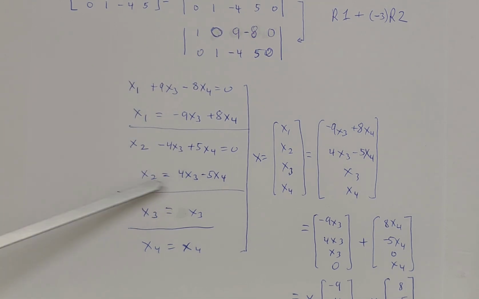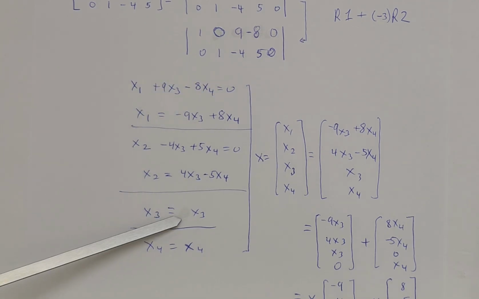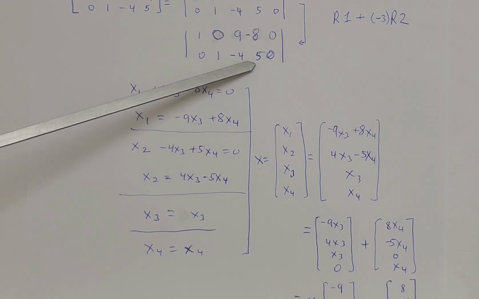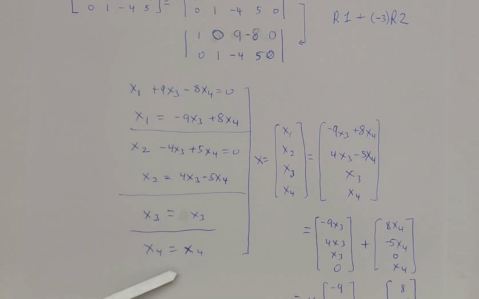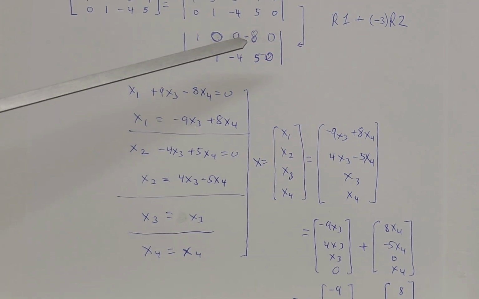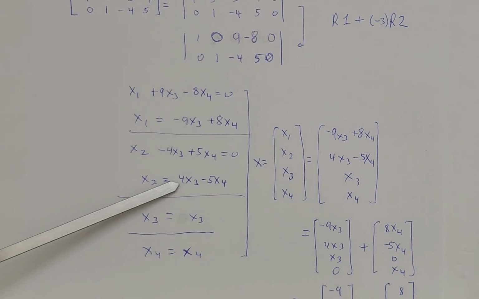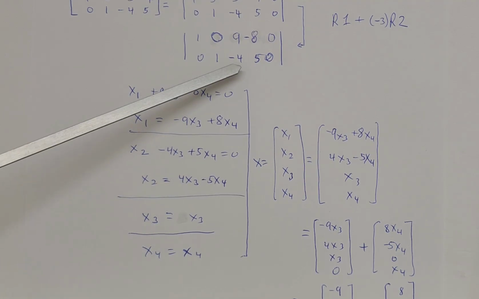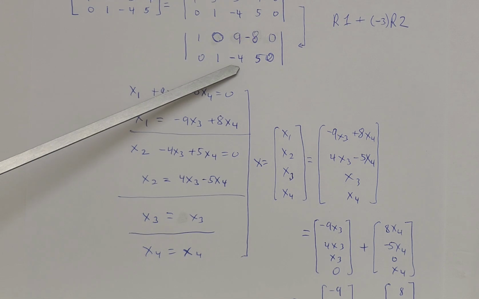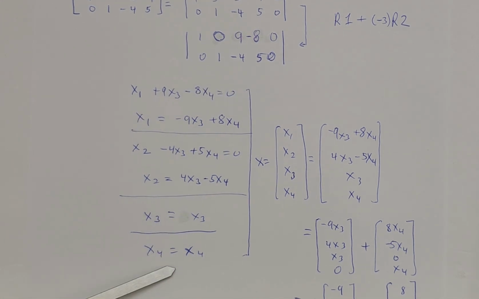So there's nothing for x3 and nothing for x4, so they just become free variables.